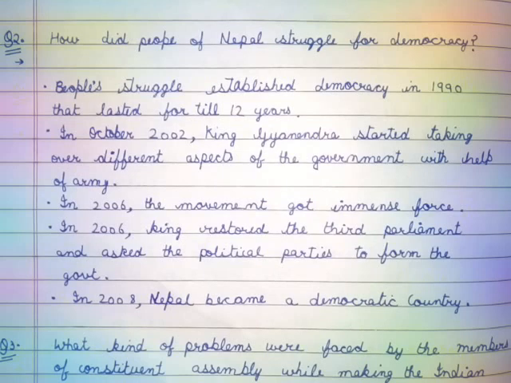In 2006, the movement got immense force. In 2006, the King restored the third parliament and asked the political parties to form the government. In 2008, Nepal became a democratic country.